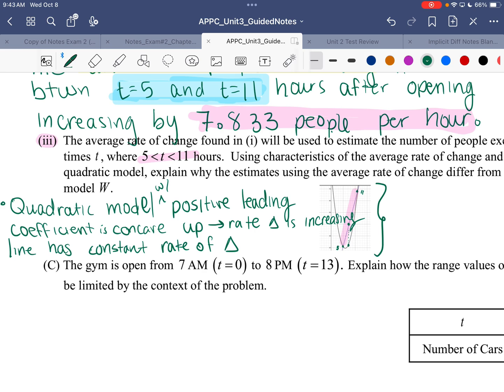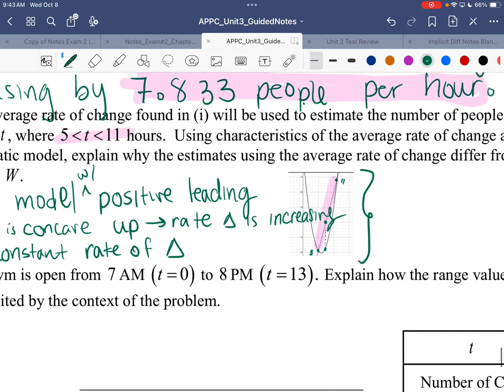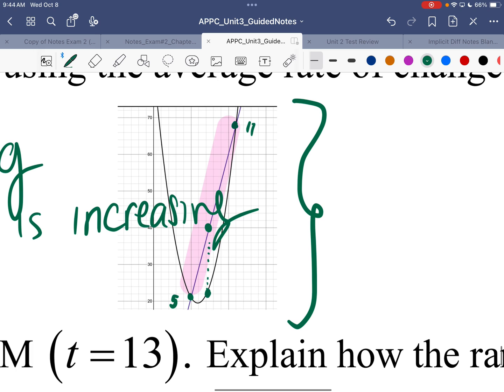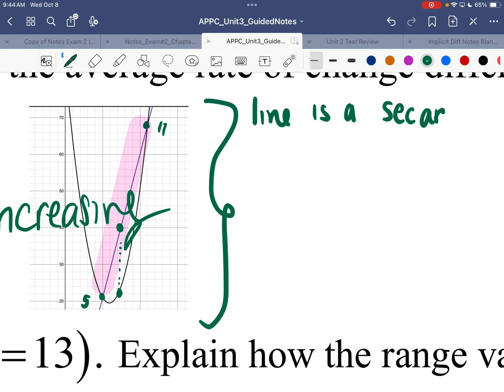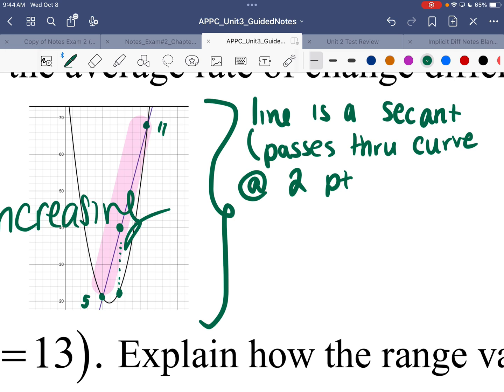Okay. Now, we can see on our graph, our line is what's called a secant line. A secant line is a line that passes through something at more than one point. Tangent is a line that touches at one point.